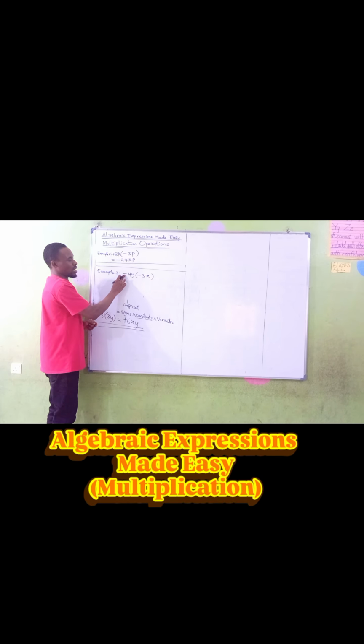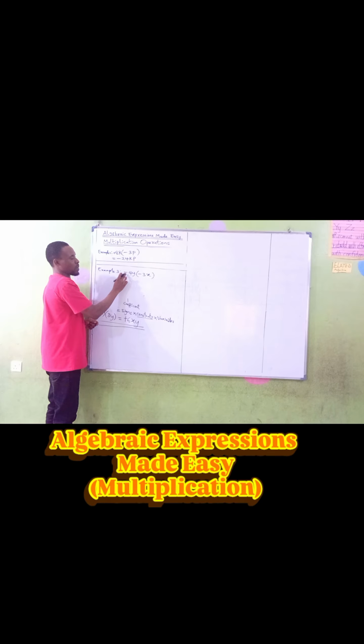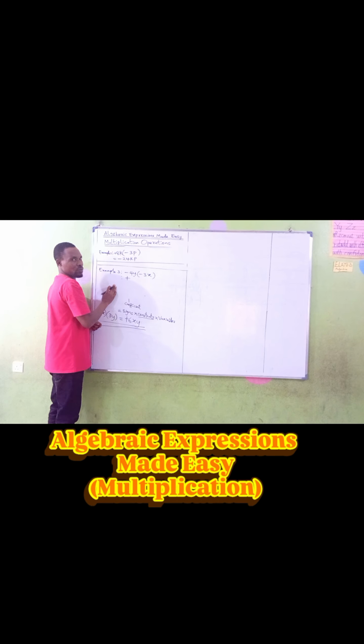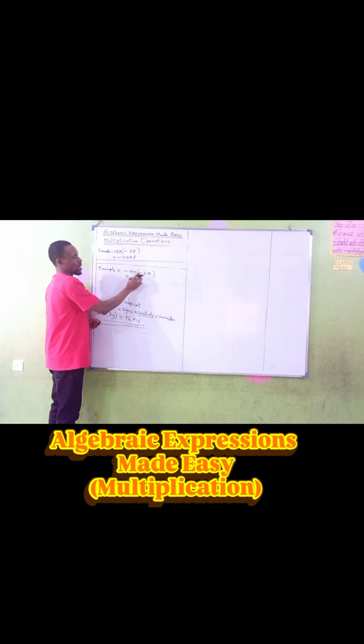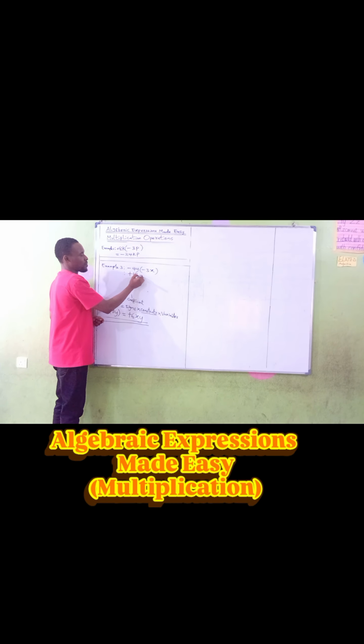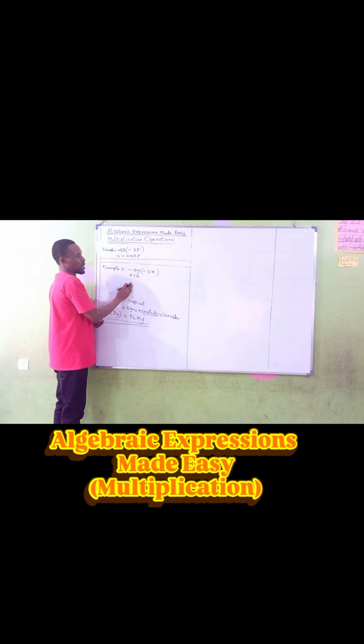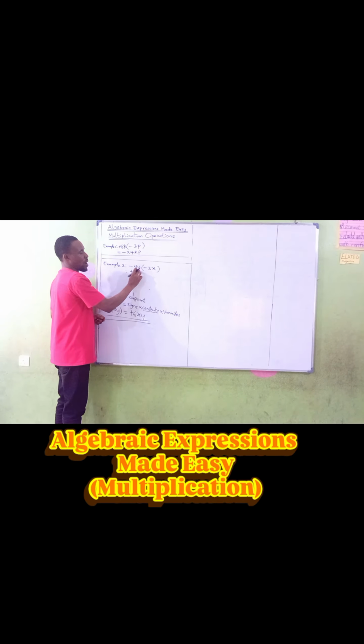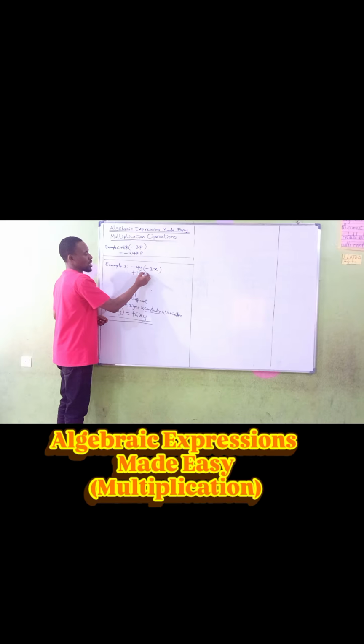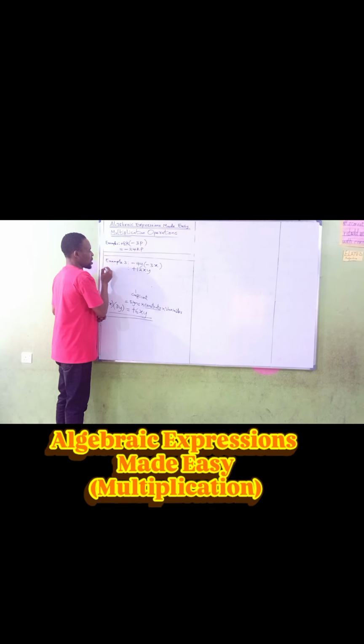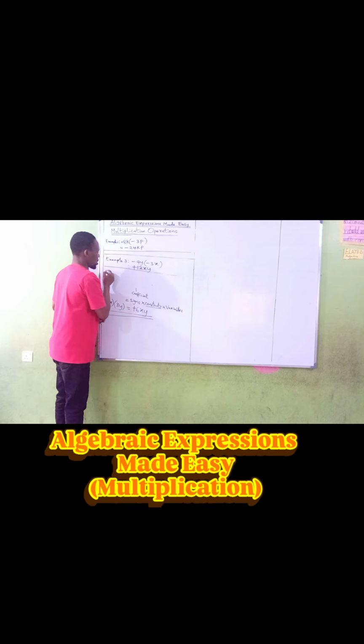The signs are negative and negative. Remember, when you multiply, if they are the same, it should give us positive. Then what are the numbers? 4 and 3. 4 multiplied by 3 will give us 12. Then what are the variables? x and y. So when you multiply, you write xy. As simple as that.